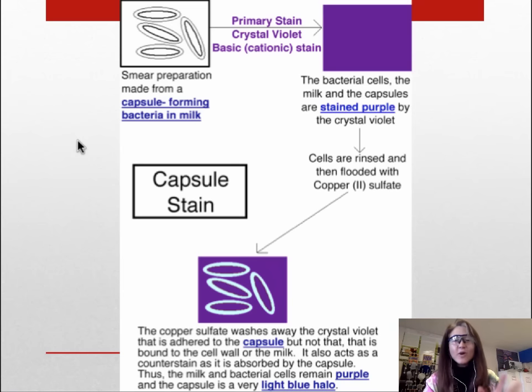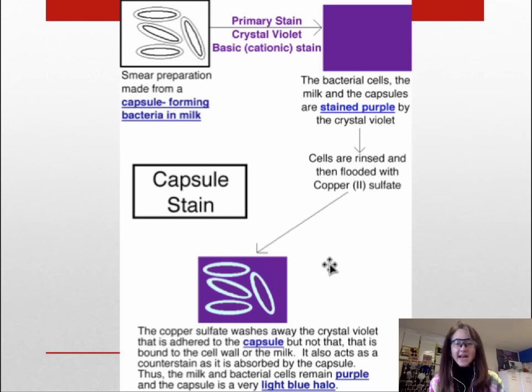Then you're going to hit it with crystal violet. Remember the cool cationic stain that we use for the gram stain? Everything is going to be stained purple. It's like stacks on stacks of purple, purple, purple, right? Everything is purple. And then you're going to rinse with copper 2 sulfate. That copper 2 sulfate is going to wash the crystal violet away from the capsule, leaving it coloring the background and coloring the cells.